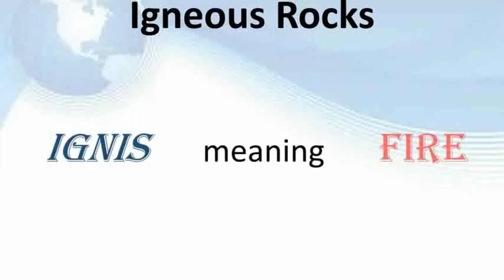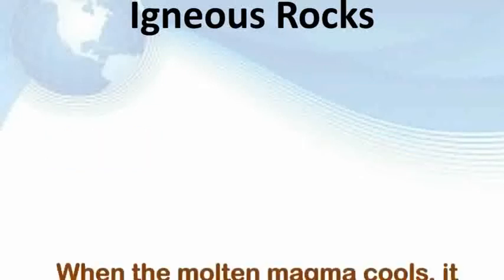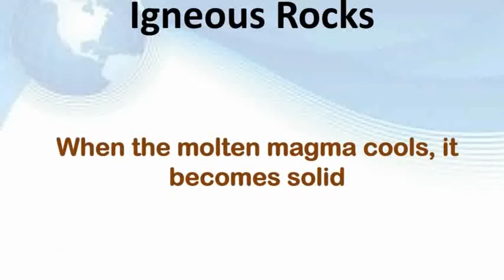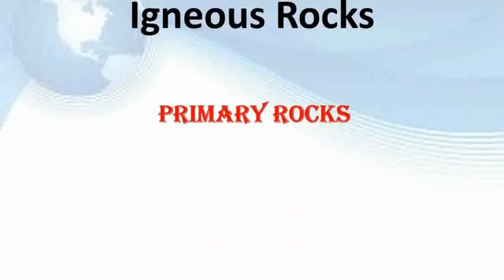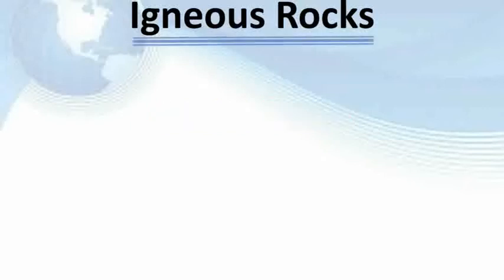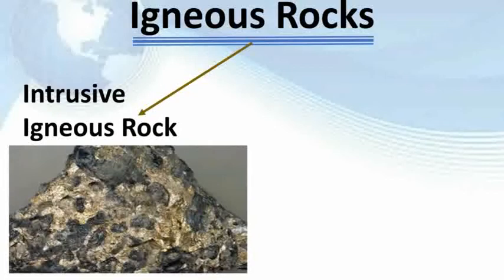It is formed when the molten magma cools and becomes solid. Igneous rocks are also known as primary rocks. There are two types of igneous rocks: intrusive rocks and extrusive rocks.